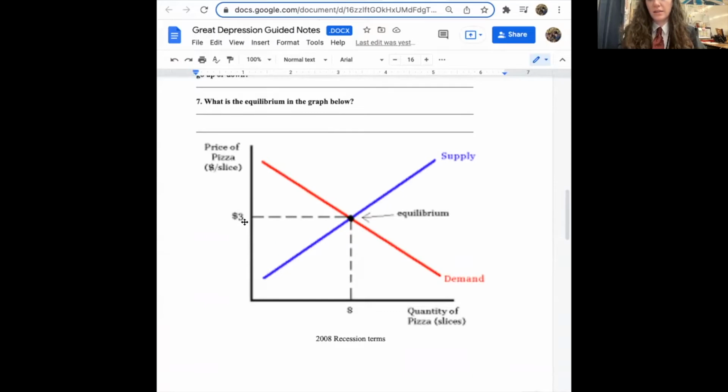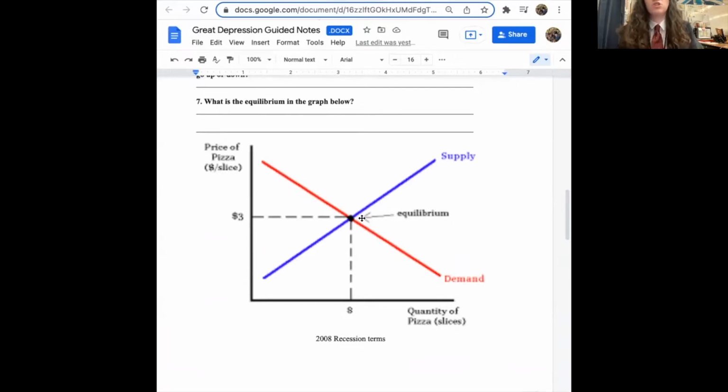So if we're looking at this graph, the price of pizza on this side is $3 a slice. The quantity of pizza slices, 8. Okay, so the equilibrium is where the supply meets the demand. That is ideally what you would want.